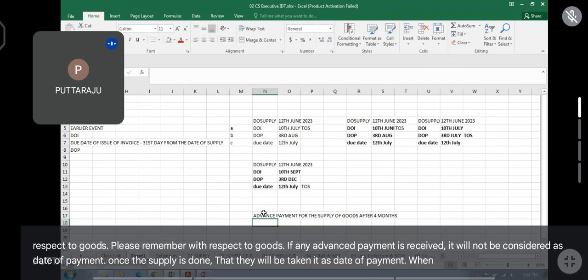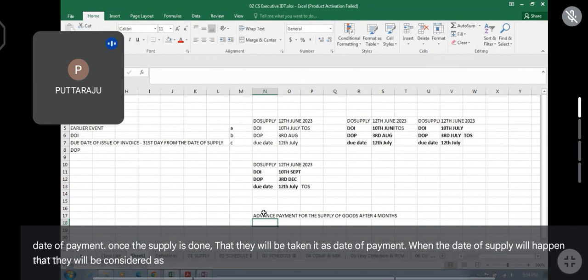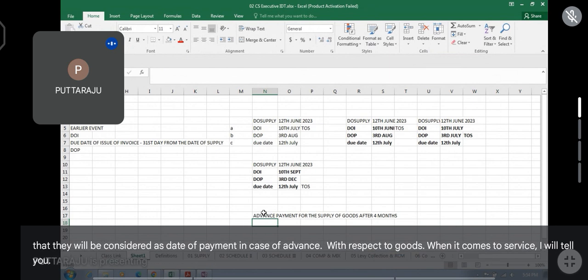When the date of supply happens, that day will be considered as date of payment in case of advance. With respect to goods. When it comes to service, I will tell you. With respect to goods, advance amount is not liable to GST.